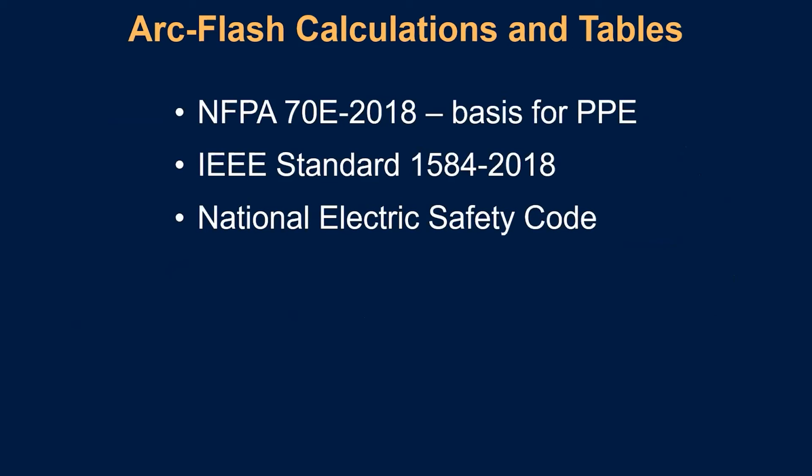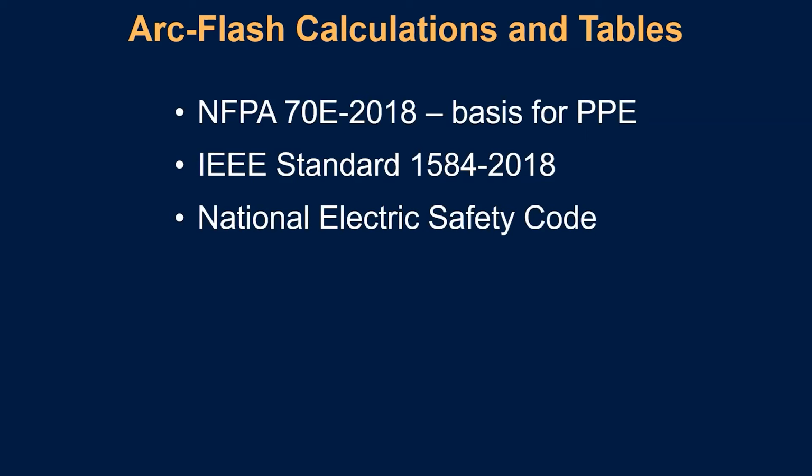The IEEE standard 1584-2018, on the other hand, provides a more rigorous approach and calculations on how to get the value of incident energy that occurs with the arc flash. And then you have the NESC, especially the NESC C2, which provides guidelines when you're trying to evaluate arc flash on other systems like a distribution or transmission system, where you may do a single phase arc flash evaluation, or do an arc flash evaluation for a system, let's say beyond 15 kV, which is not within the scope of the 1584 standard.